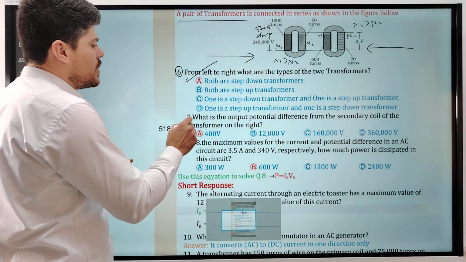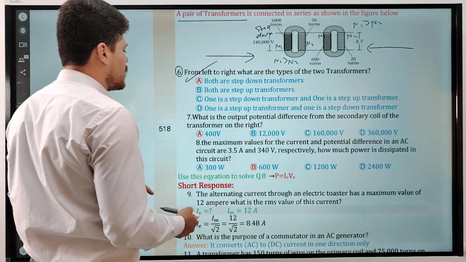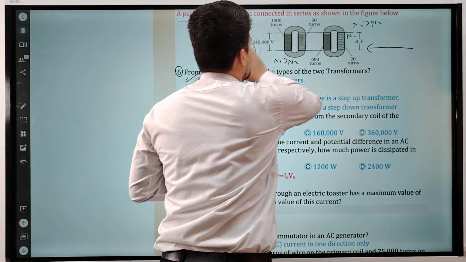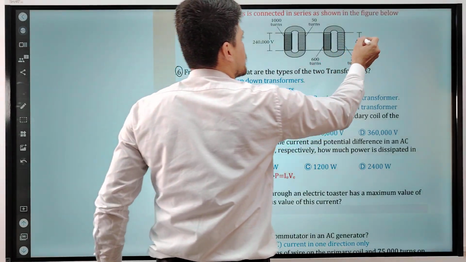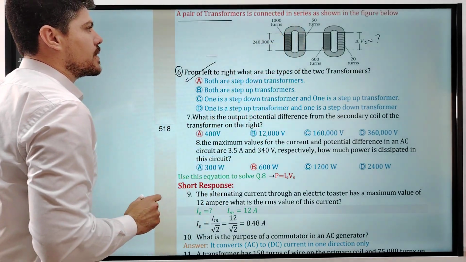Question 7. What is the output potential difference from the secondary coil of the transformer on the right? Okay, what is the output potential difference? V2 is unknown for the second transformer.